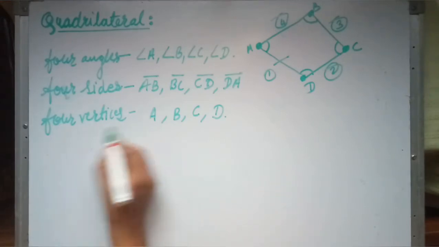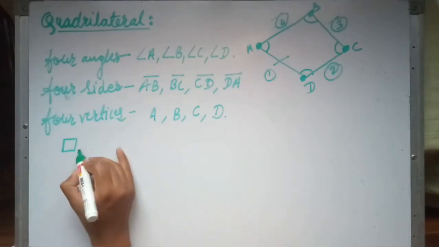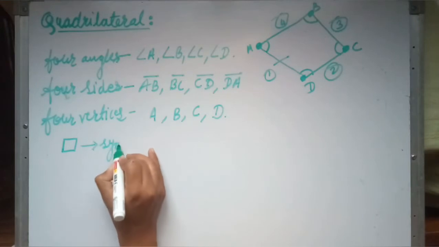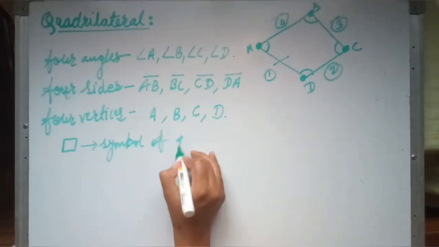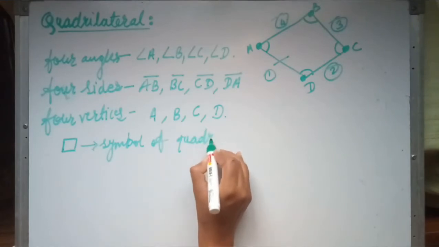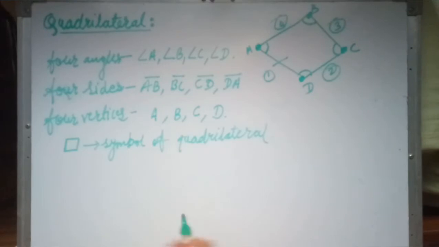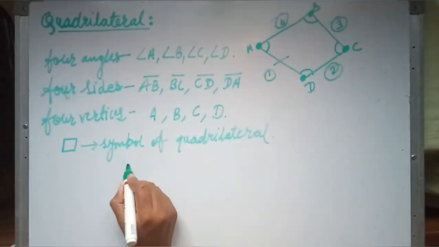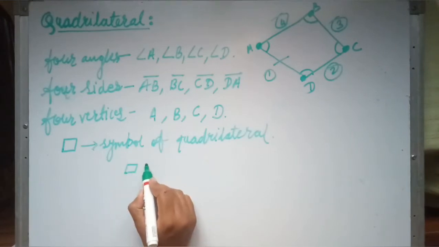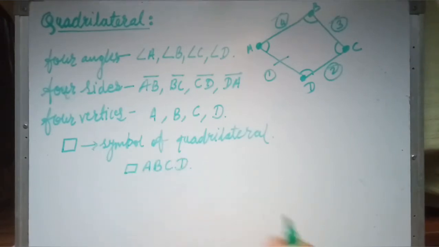Means we can write the name of the quadrilateral. This is the symbol of quadrilateral, and we represent it as quadrilateral ABCD.